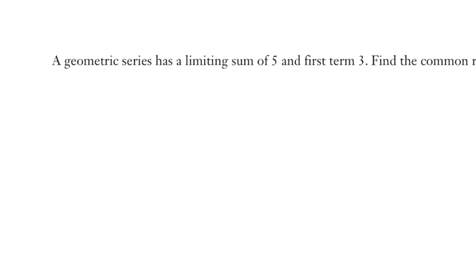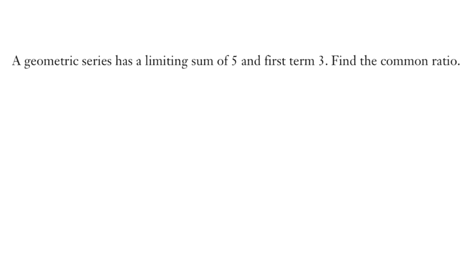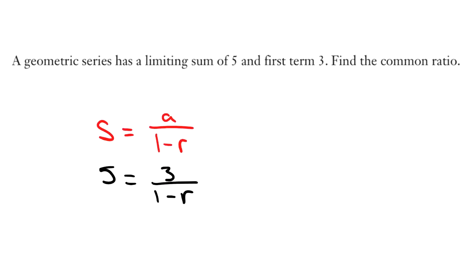Alright, next question. A geometric series has a limiting sum of 5 and the first term is 3. Find the common ratio. So we'll be using this formula. We know the limiting sum is 5. We know the first term is 3. We're going to swap these positions.